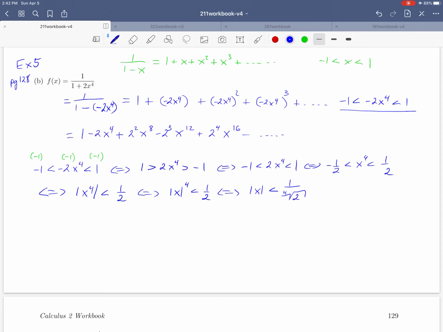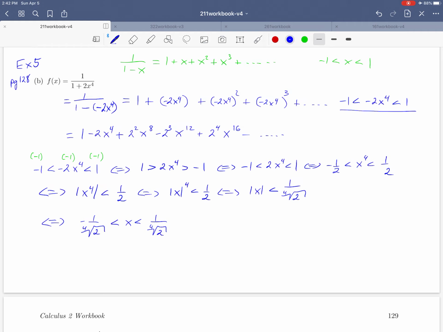I can leave it like that. That would be fine. Or if you prefer to see it in the 3-part version, you can say that x is between minus 1 over the fourth root of 2. That's less than x is less than 1 over the fourth root of 2.